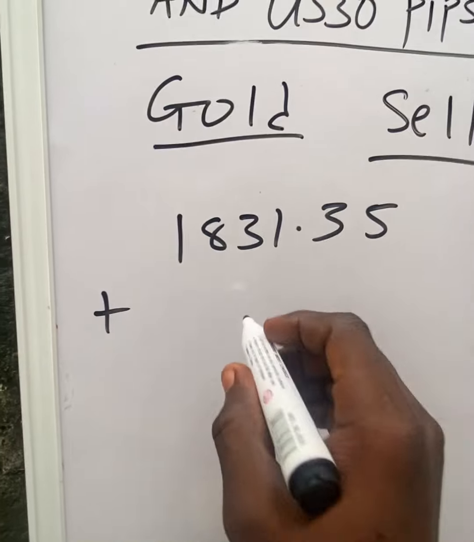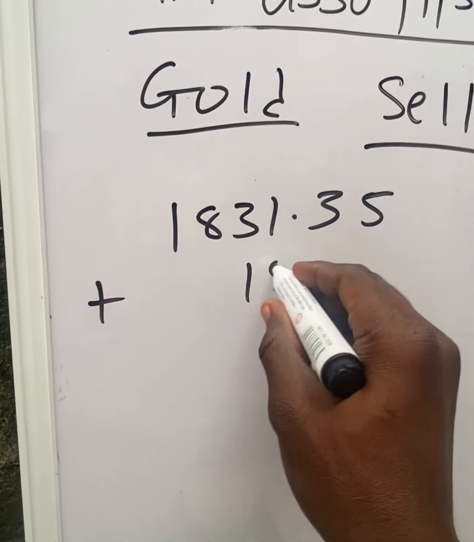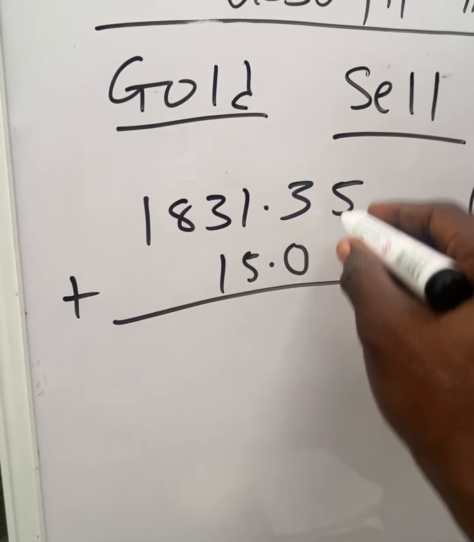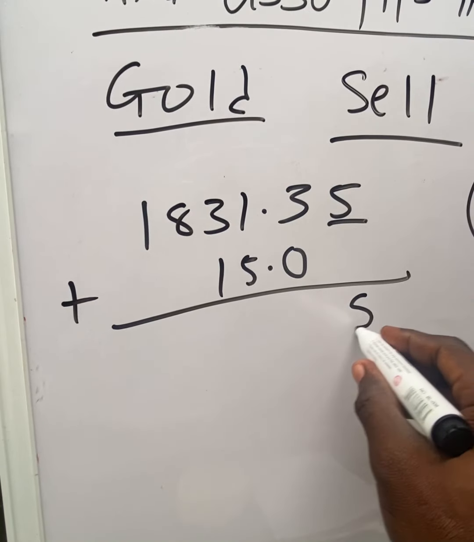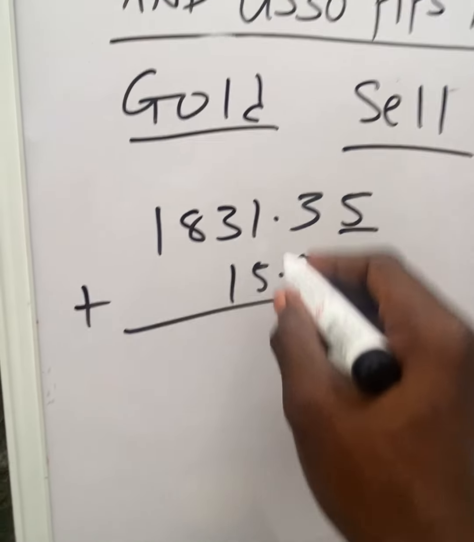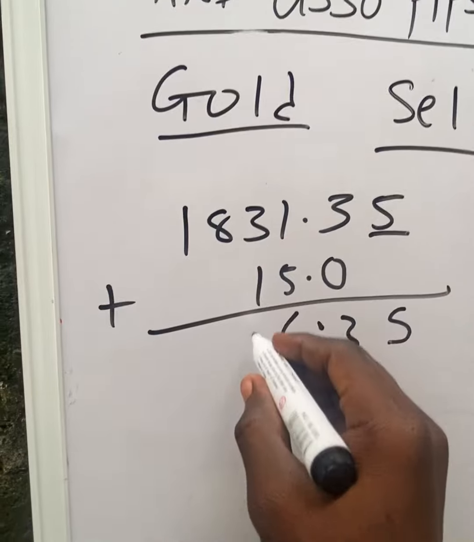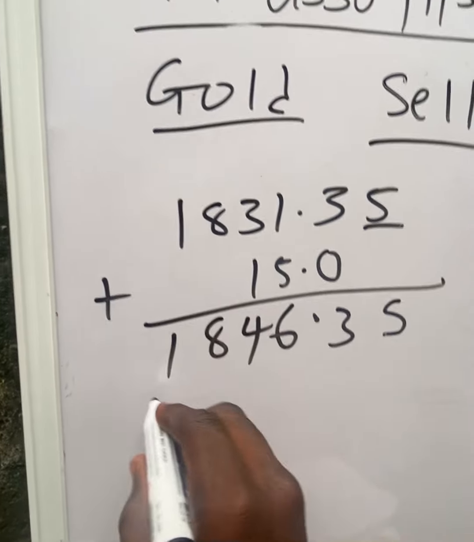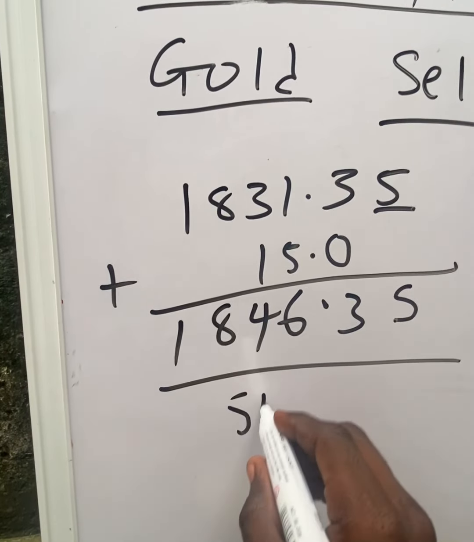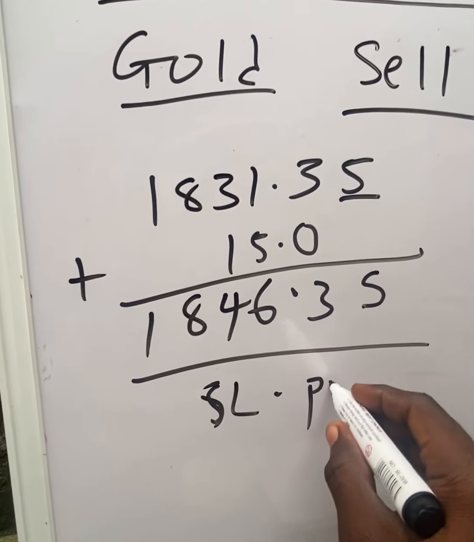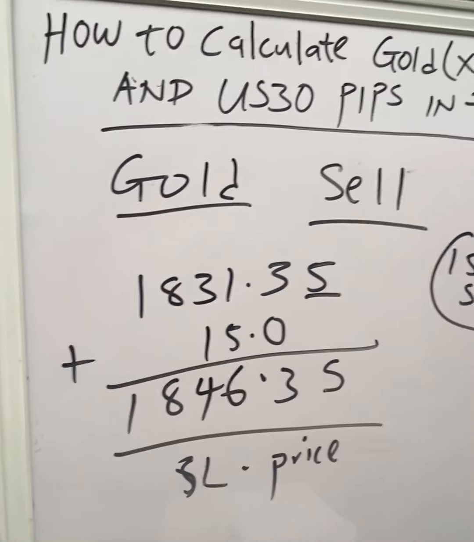So we have 150 pips. So this is pipettes. 5 plus 0 is 5, 3 plus 0 is 3, 1 plus 5 is 6, 3 plus 1 we have 4, we have 1, we have 8. So this is the SL price for a sell trade in gold.